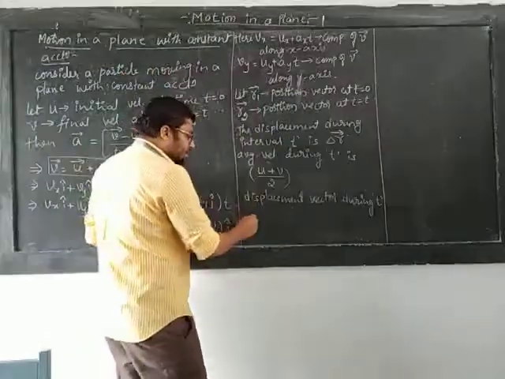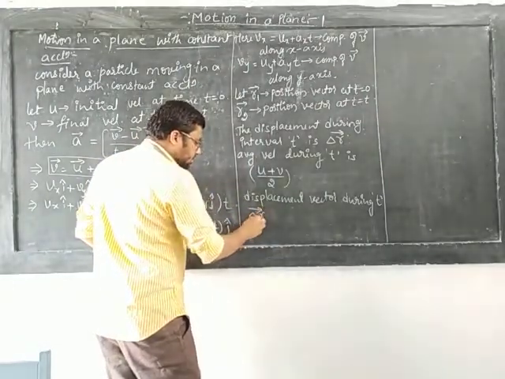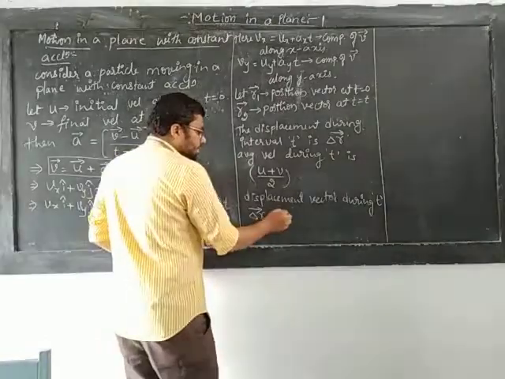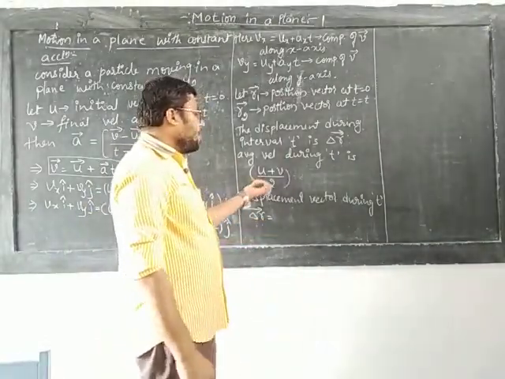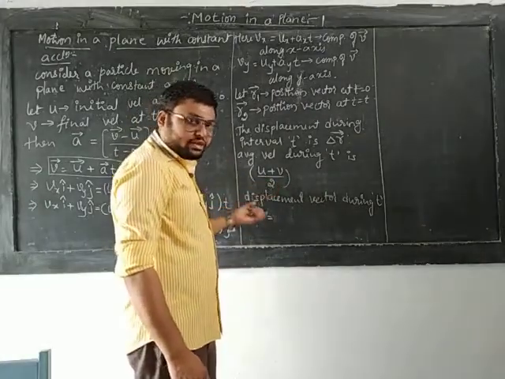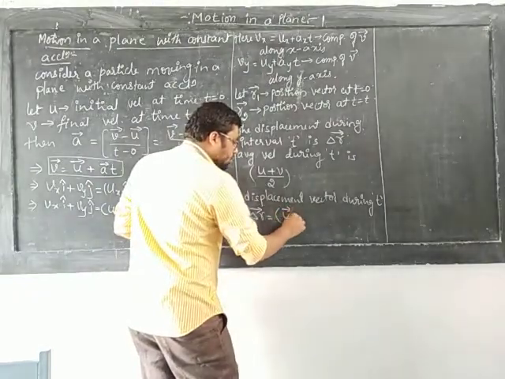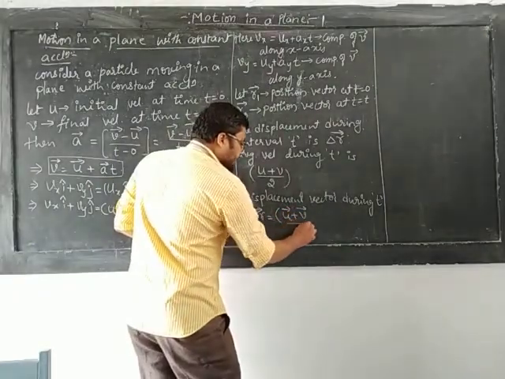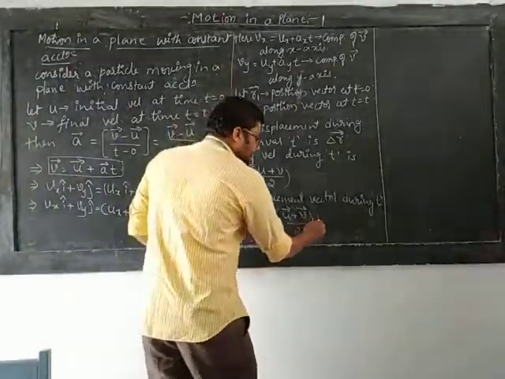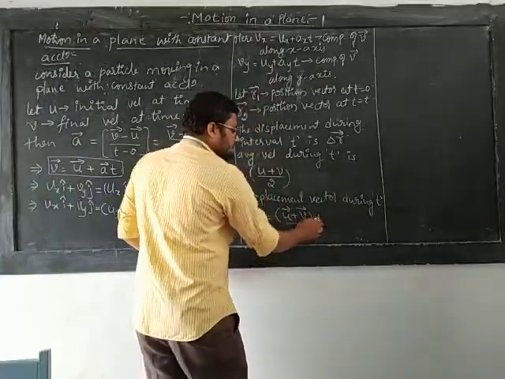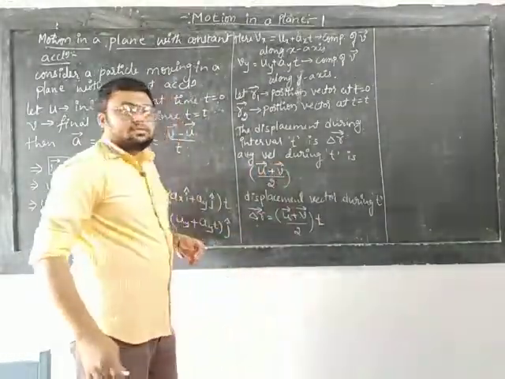So here the displacement vector, delta r, is equal to the average velocity during the interval, that is vector u plus vector v divided by 2, into the time t. Is it clear? And here also I write the vector notation.